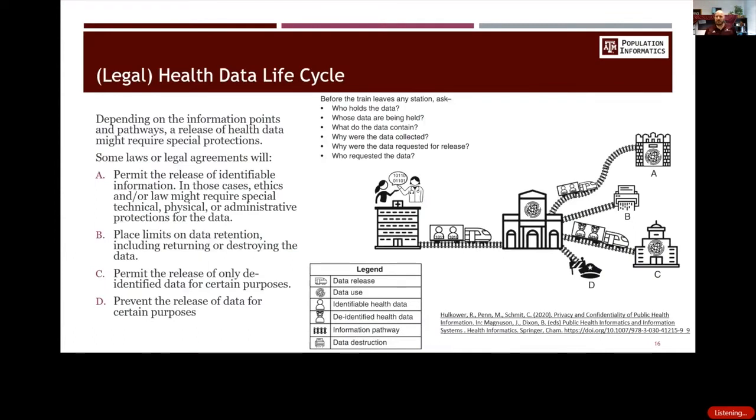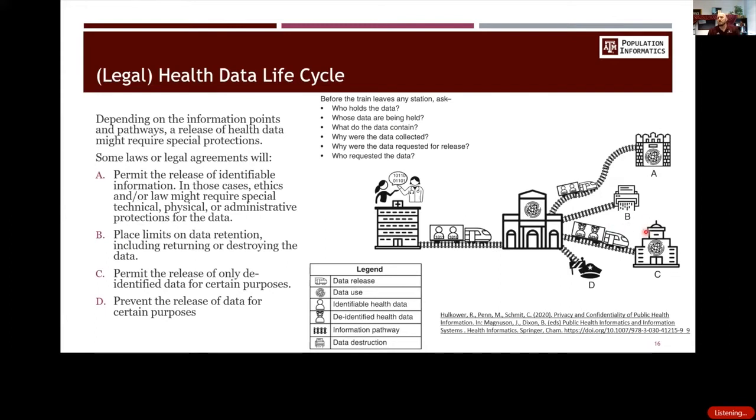Now, these different laws are going to have different rules for a number of different, what we might call stops on this health data life cycle. Some laws are going to permit the use of identifiable data for some purposes. And if they permit health data to be used in identifiable format for some purposes, they might require some additional security protections to be in place.